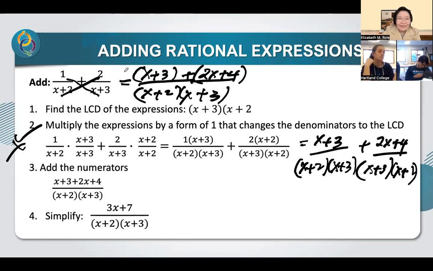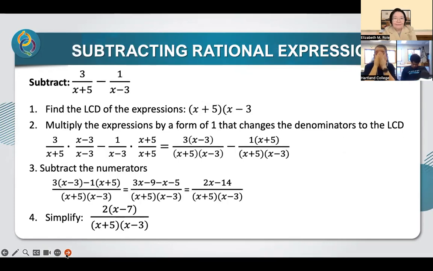So that's how it is. The principle is that your fractions or rational expressions have to have the same denominator, and having the same denominator, you can just add the numerators. Similarly, subtracting will also be the same.